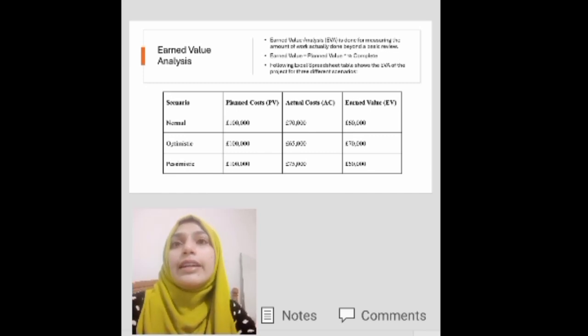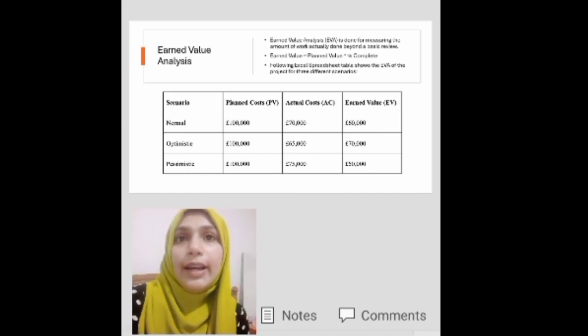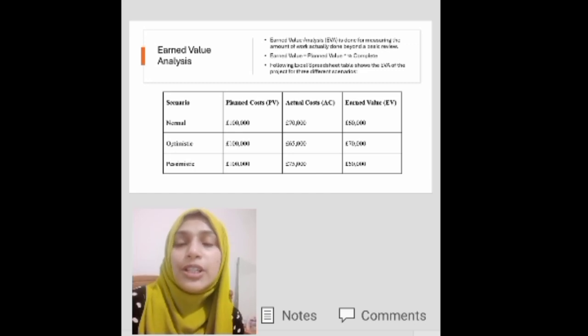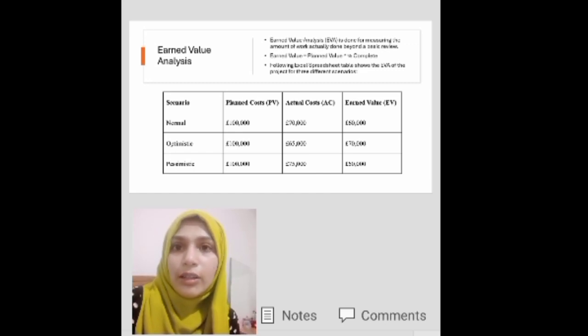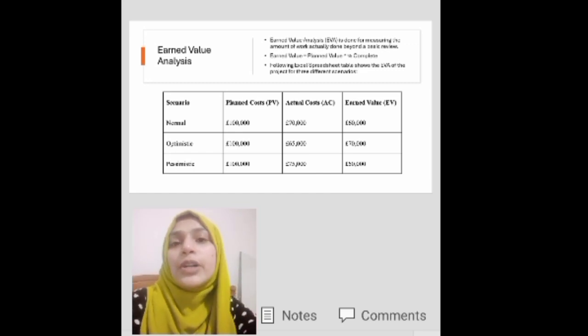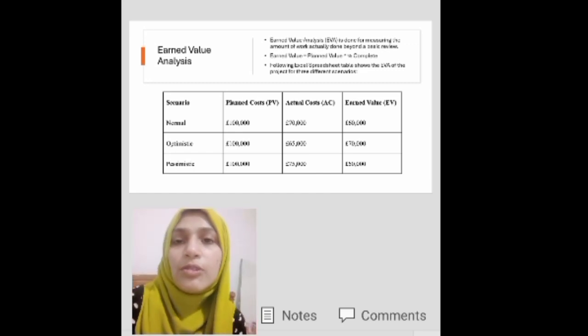And the next one is the earned value analysis. An earned value analysis is a method for measuring project performance and progress. The formula is earned value is equal to planned value times percentage complete. This table shows the EVA for three different scenarios. First one is the normal. The project progresses as planned with the budget of £1,85,000.